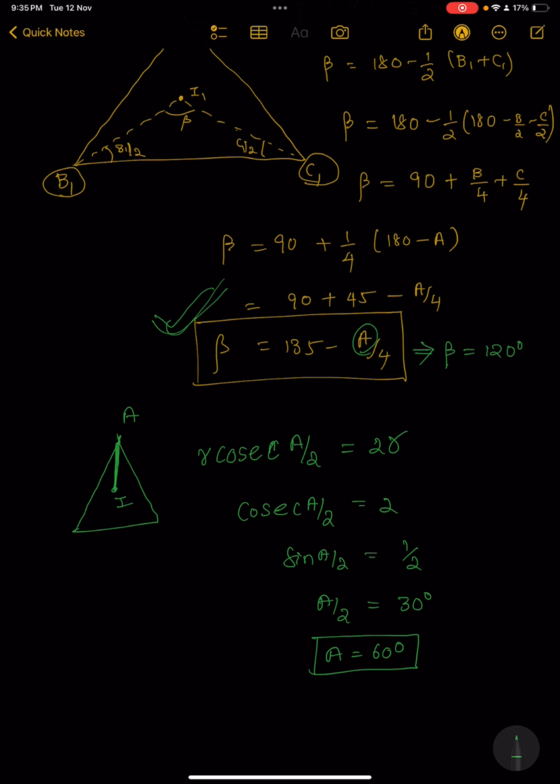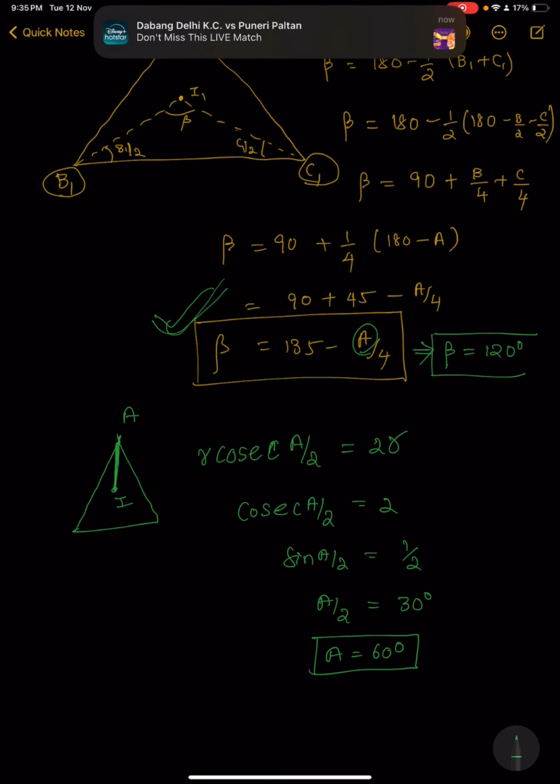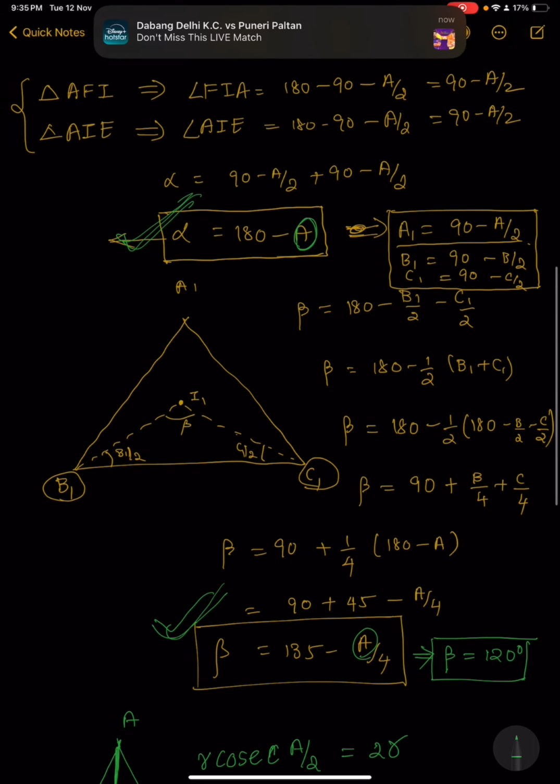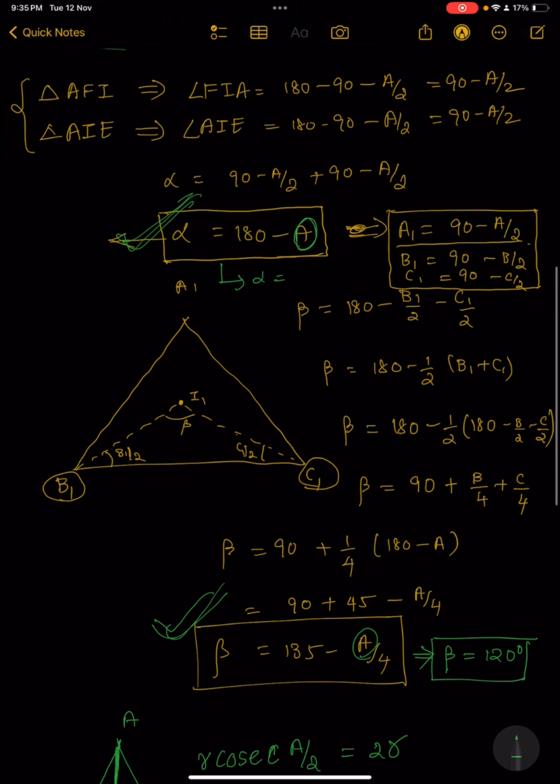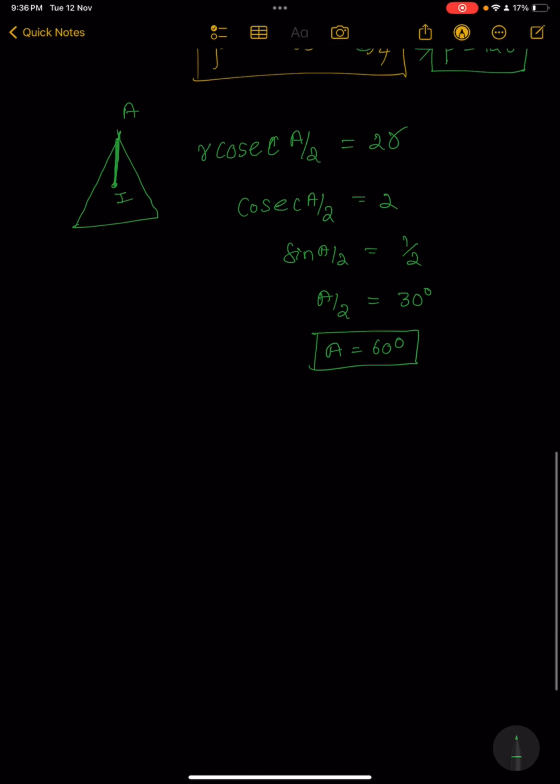Beta will be 120 degrees. Similarly, put A is equal to 60 in this equation, then alpha will be 180 minus 60, 120. So alpha is 120 degrees, beta is 120 degrees. Alpha is equal to beta is equal to 120 degrees.